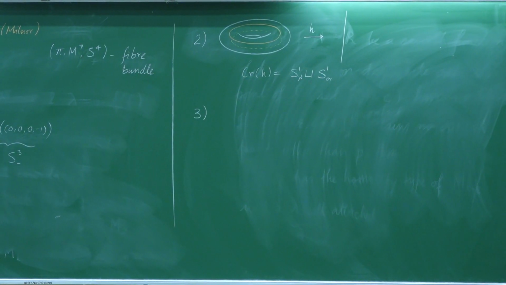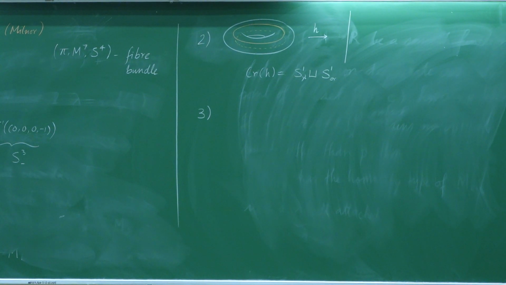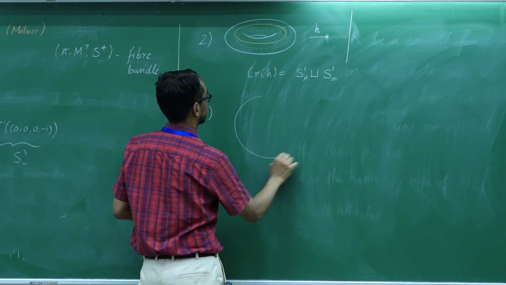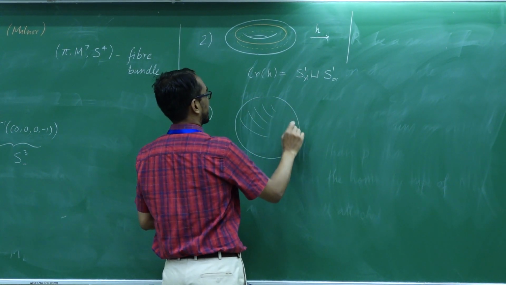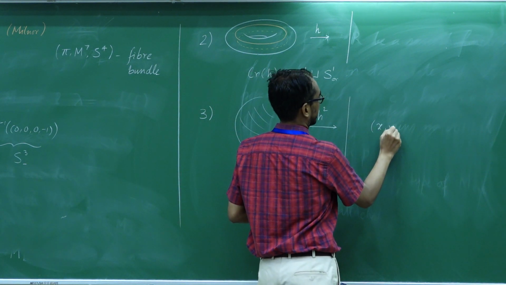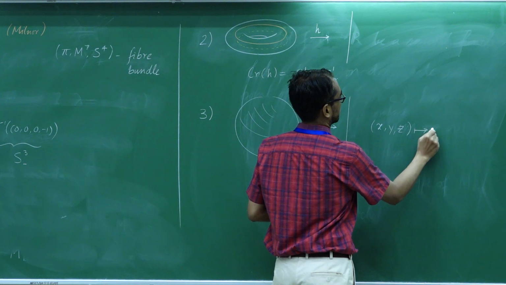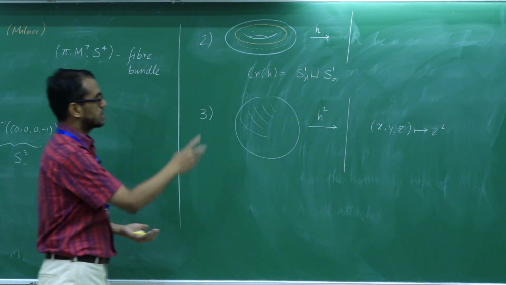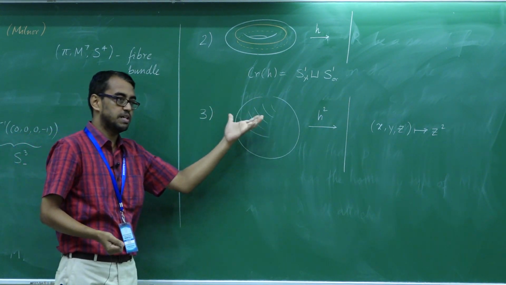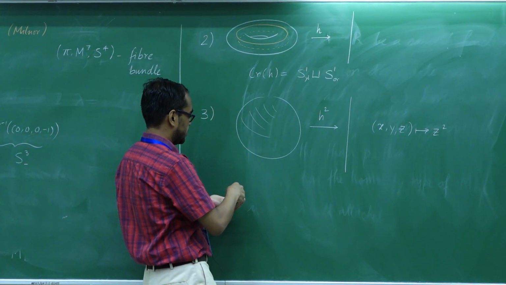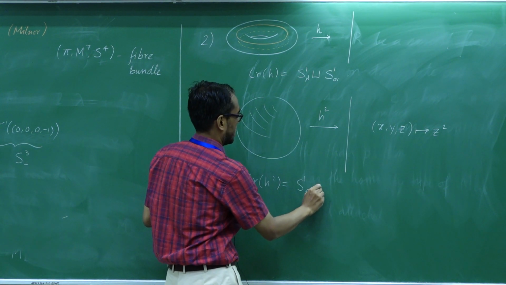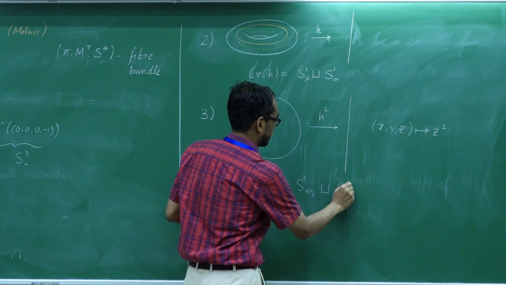Let me try to see the plane. We did this one also, but this is not of that form. This was x, y, z. This is again a different example. It's not of the form of a fiber bundle because it's a space of its own. But here, consider the equator along with S0.